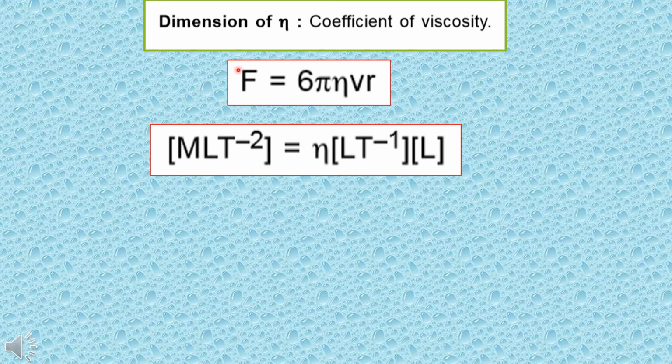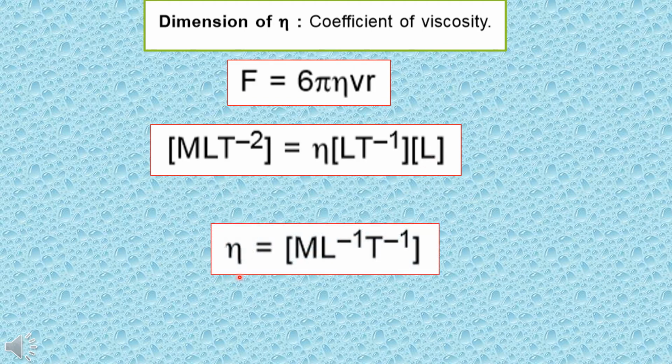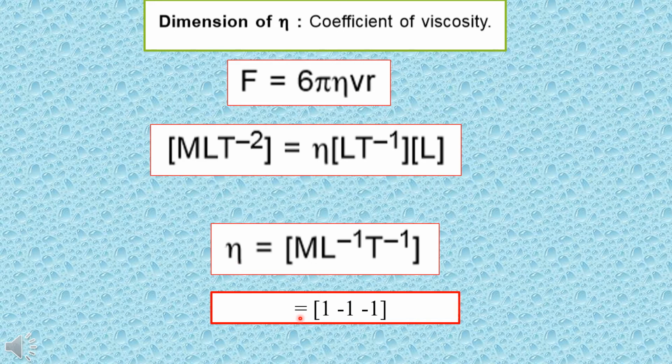So I'm just directly taking those formulas and putting them in this equation, and we get [M L T^-2] is equal to eta into [L T^-1], and here capital L is for radius r and it is written in square brackets. By solving we get eta is equal to [M L^-1 T^-1], and the dimensions of eta are 1, minus 1 and minus 1.